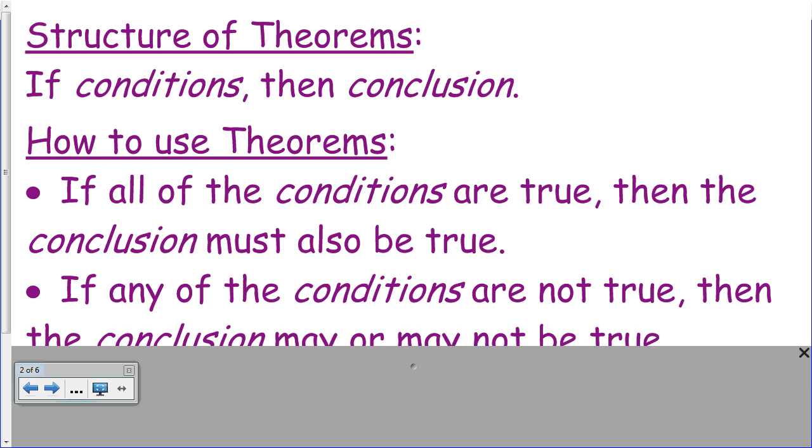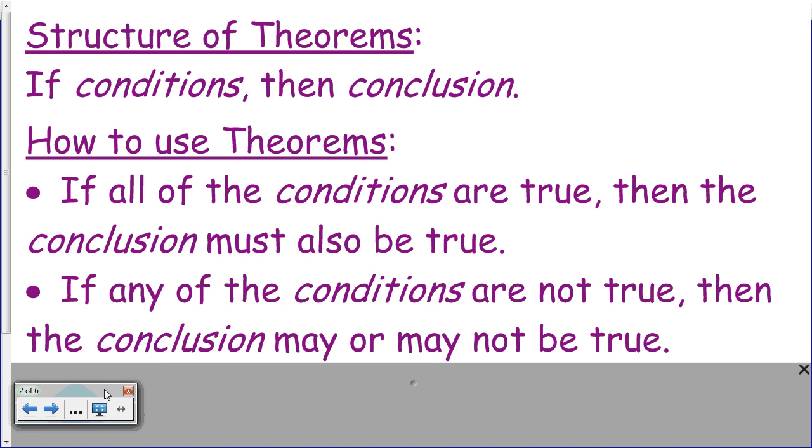On the other hand, if any one of the conditions is not true, if they're not met, then you don't know what that means about the conclusion, actually. The conclusion could be true or it could be false. The conclusion may or may not be true. That's a common misconception about an if-then theorem. We're really good at knowing that if I meet these conditions, that guarantees the conclusion.